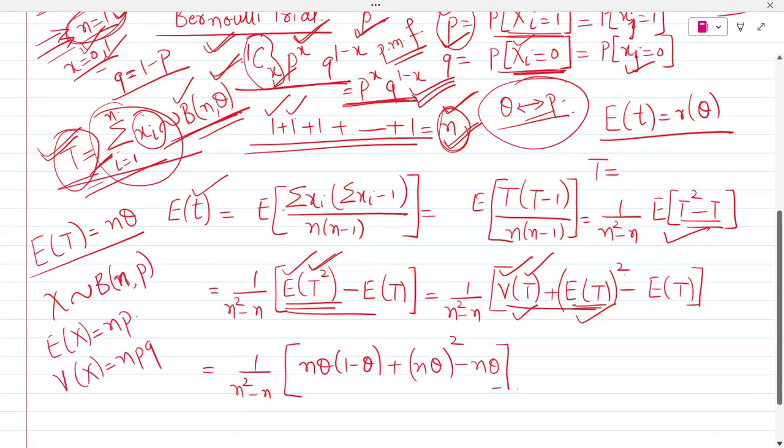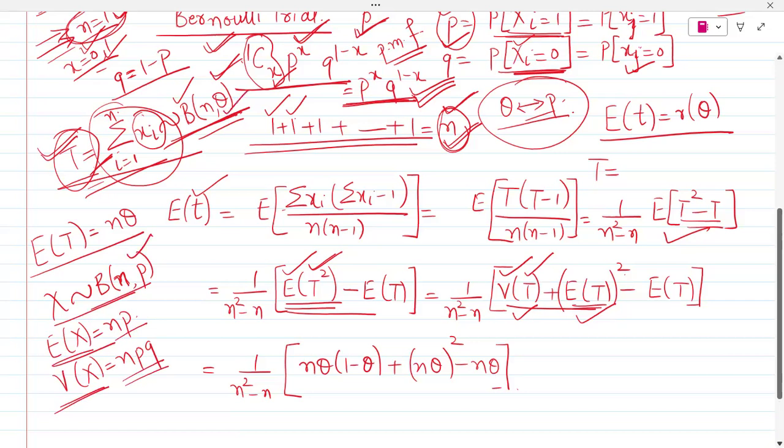So whether you say the mean of X or the mean of the binomial distribution, it is np, and the variance of X or the variance of the binomial distribution is npq. They have the same meaning.